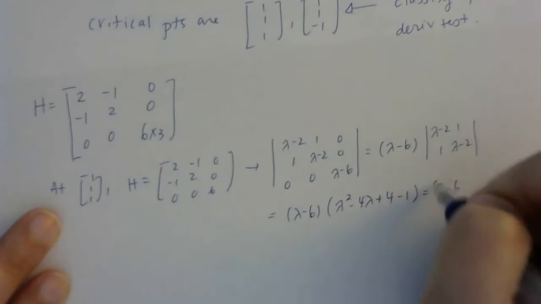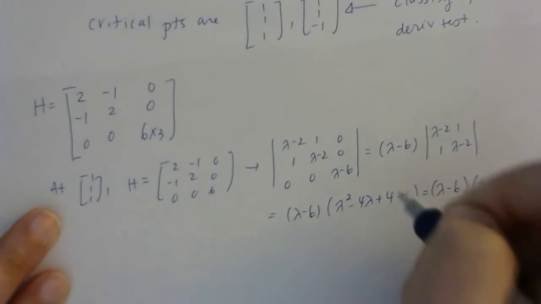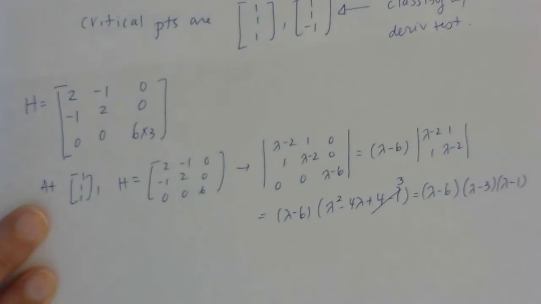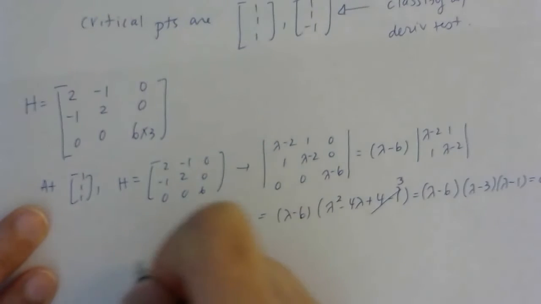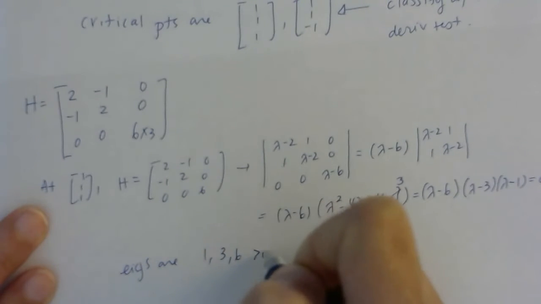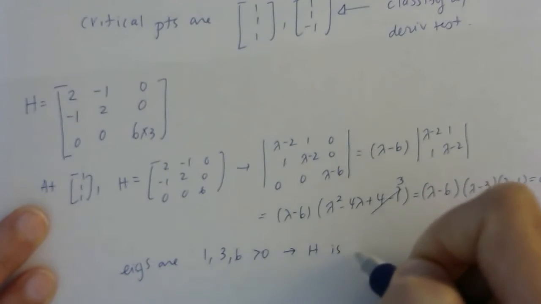So lambda minus 6, and this is a 3. Lambda minus 3, lambda minus 1, right? These combine to get a 3, which I factor as minus 3 and minus 1. Awesome. So I set this equal to 0. So the eigs are 1, 3, and 6, all positive, implies that the Hessian is positive definite.